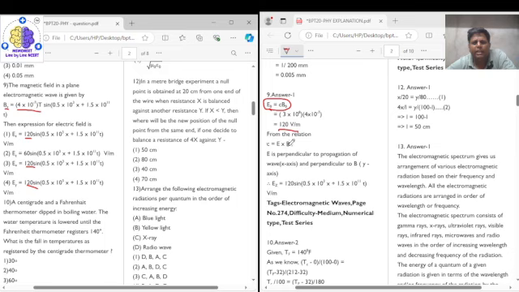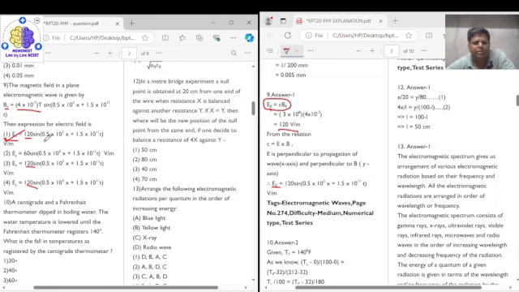Then from the relation, the direction of propagation is along E cross B. E is perpendicular to the propagation of the wave, that is the x-axis, and perpendicular to the y-axis. So E has to be along the z-axis. We have E along the z-axis in option 1, and no other option. So the correct answer for question number 9 is option 1.